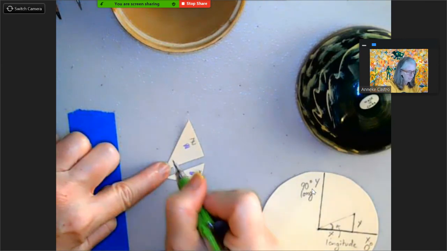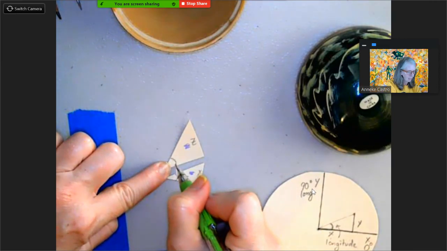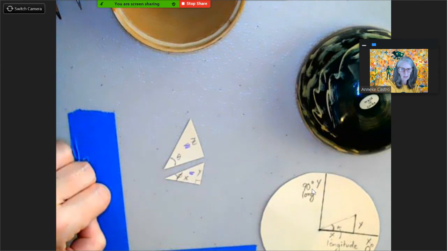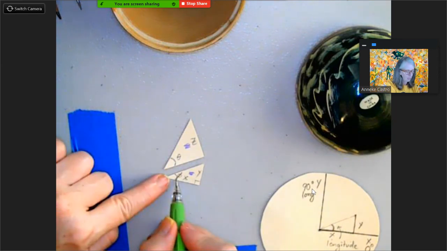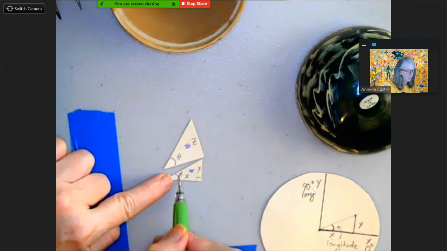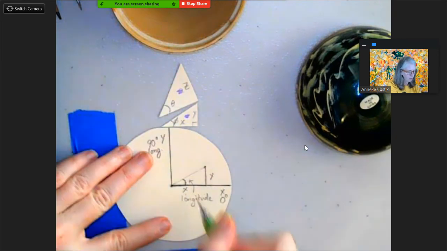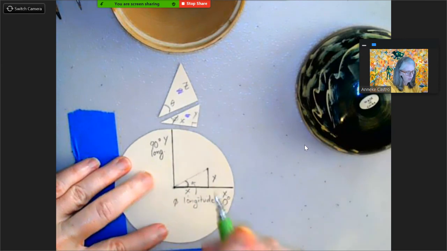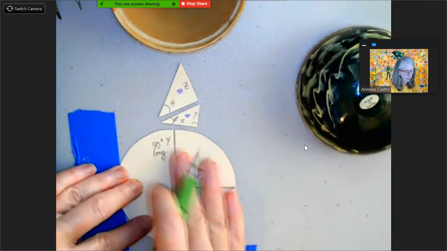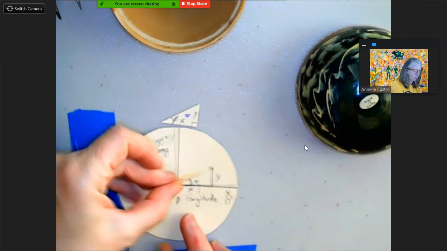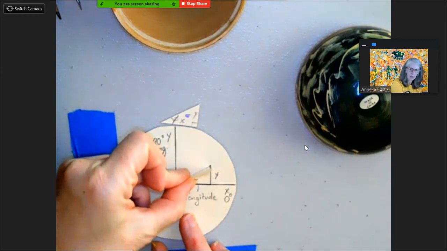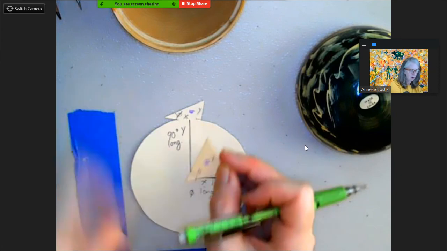And then this is my degrees latitude, and they were using theta for that. So phi and theta: phi is longitude. And for latitude, I can't put it on this plane because it's popping out of the plane. It's that angle that pops up, but if I flatten this out, then you can see it.